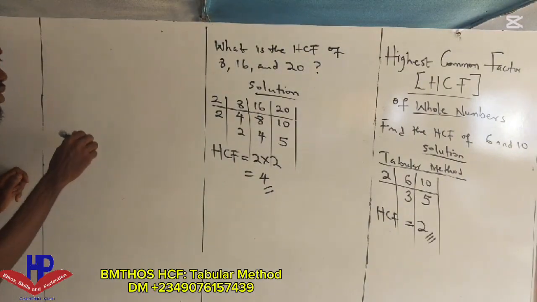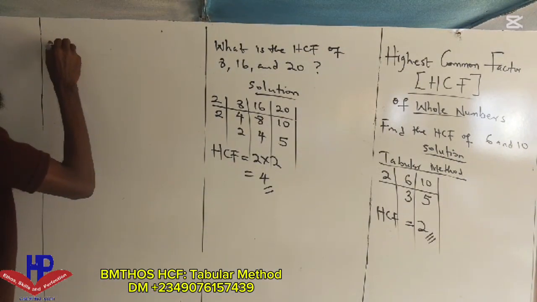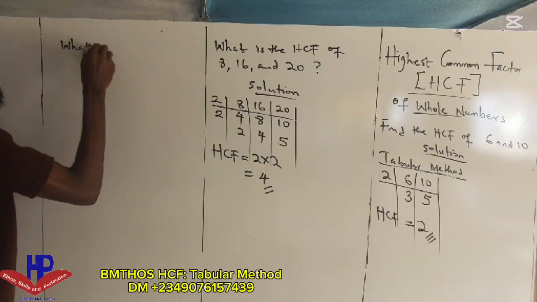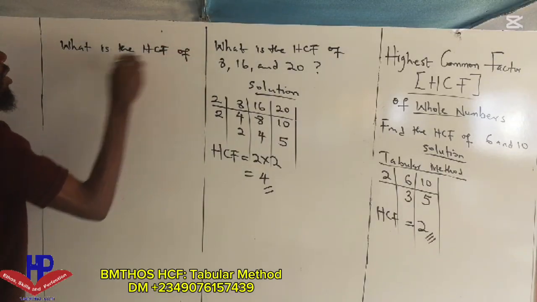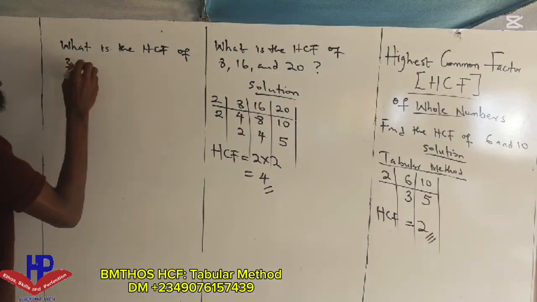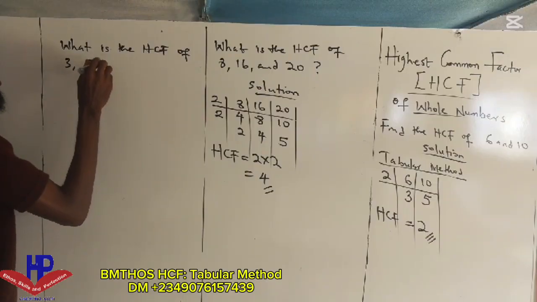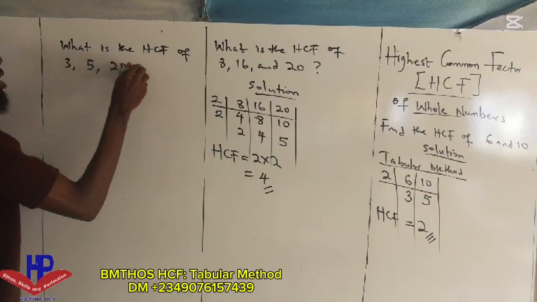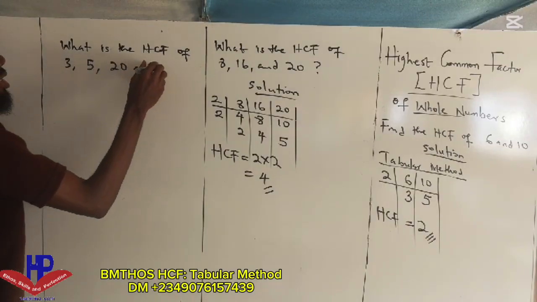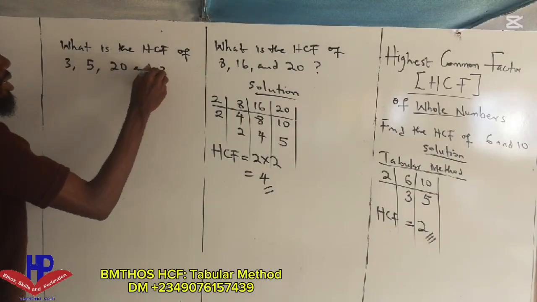Let's try the last question. What is the HCF of 3, 5, 20, and 36?